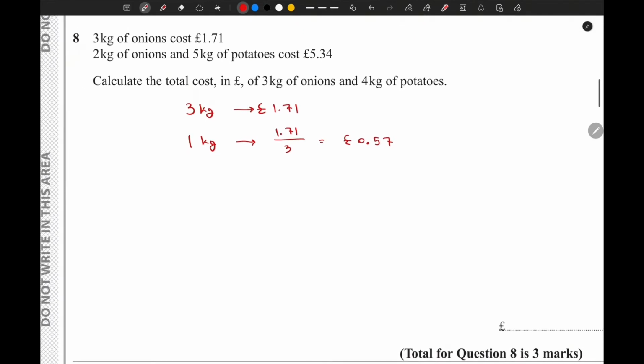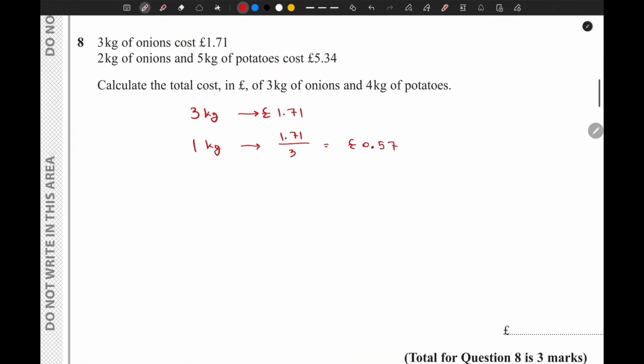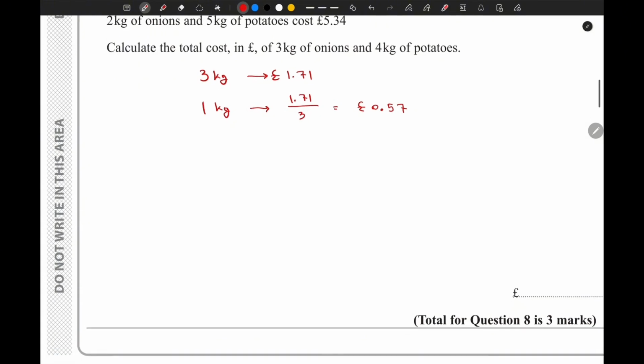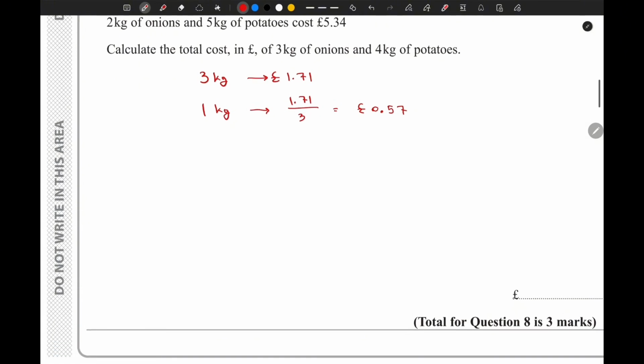Now 2 kilograms of onions and 5 kilograms of potatoes cost 5.34 pounds. So from 5.34 pounds, if I subtract twice 0.57 pounds, I will get the cost of 5 kilograms of potatoes.